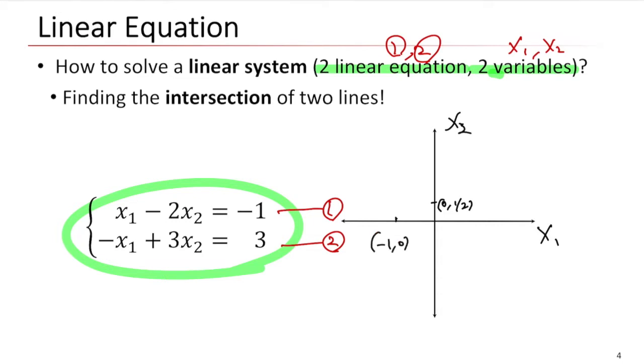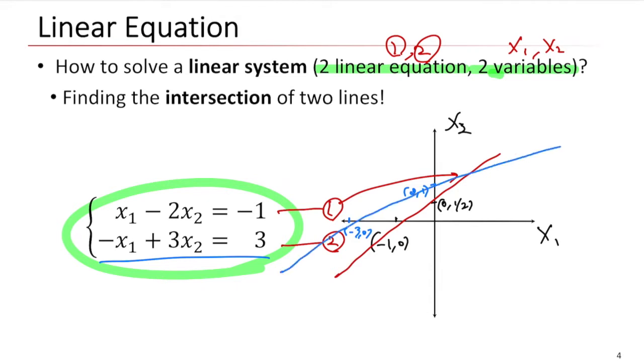So the first equation draws this line, and another equation is from this. When x1 is equal to 0, x2 should be 1, and when x2 is equal to 0, x1 should be -3, something like that. Okay, so then represent another line here. So this is another line.